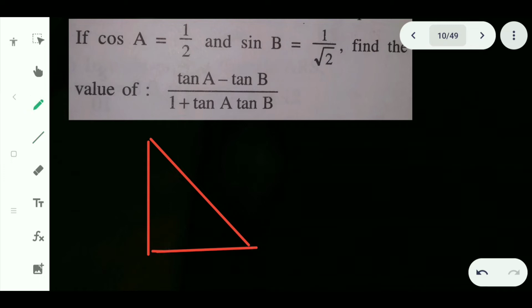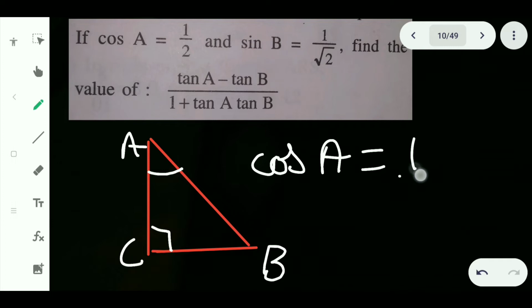Now here this is 90 degree and cos A is given, so A should be some corner A, B, C. Here sin B is also given, so C should be the right angle and B should be here.